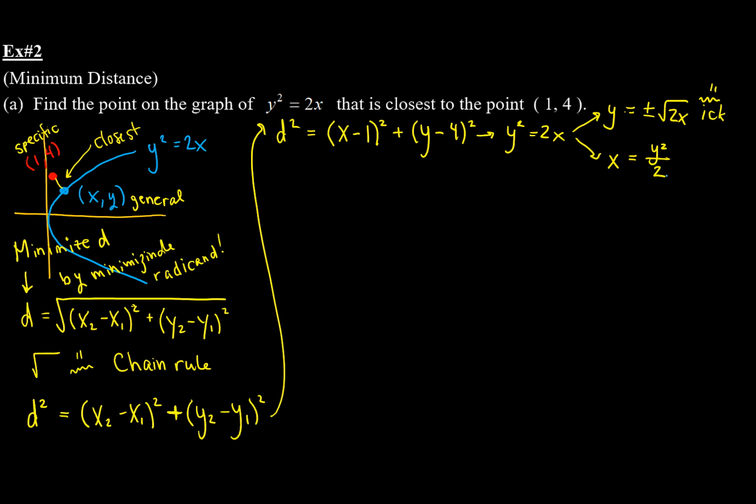I get x equals y squared over 2. So instead of writing x here, I'm going to write y squared over 2 minus 1, and then y minus 4 squared.